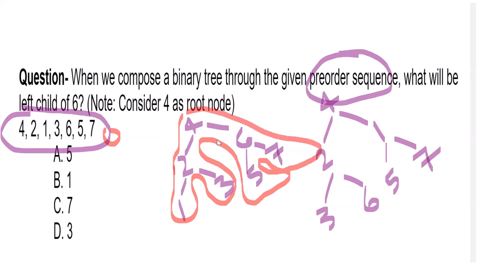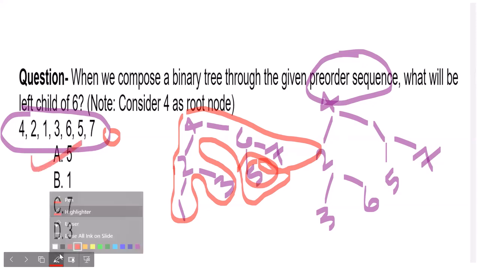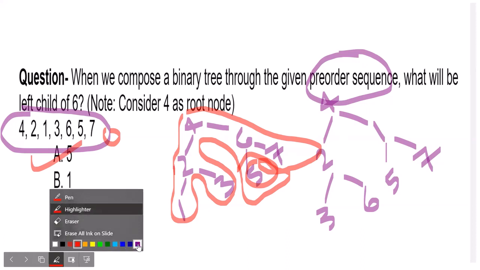So this is how it is actually required to be constructed, because if it had been said that it is a binary tree, we would have done this, for sure. But the pre-order sequence is given, so we have to create the tree that way. And now the question is, what will be the left child of 6? We can see here the left child, that is 5. So this question is solved.